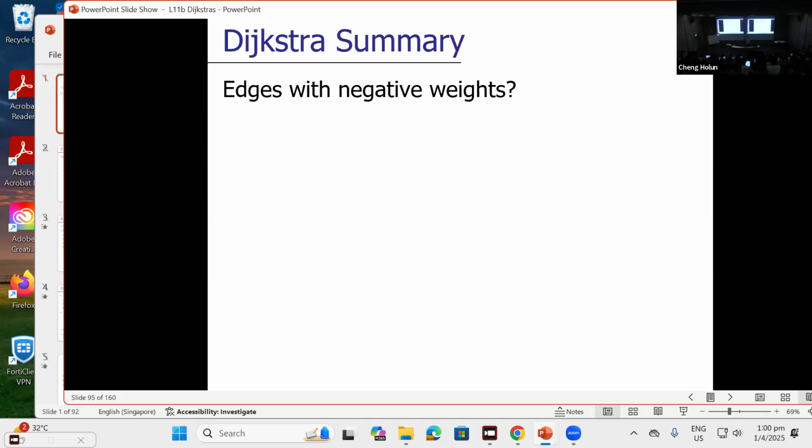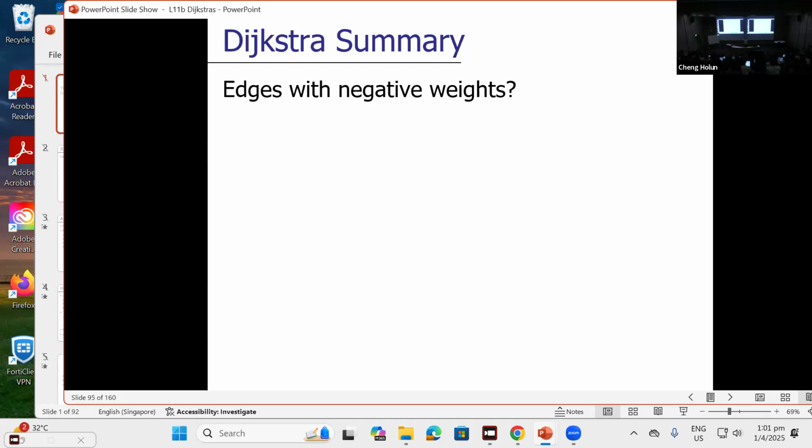What proof or argument will be destroyed when I allow negative edges? Dequeuing the shortest path, yes. Dequeuing will be destroyed. Why? Why may that not be the shortest path when I dequeue it?